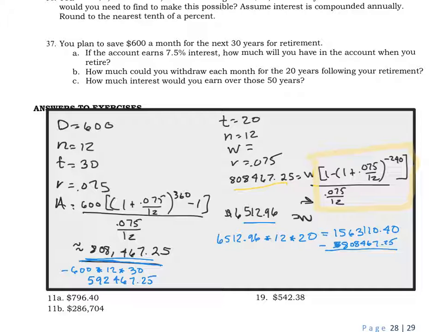And I get $754,643.15. So now we're going to add the interest from here plus the interest from here, and we get $1,347,110.40.